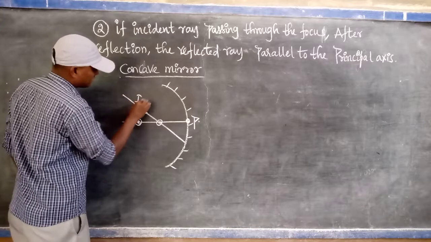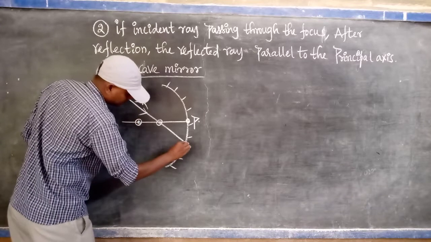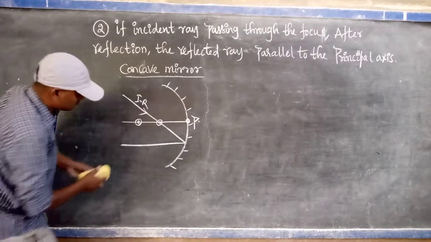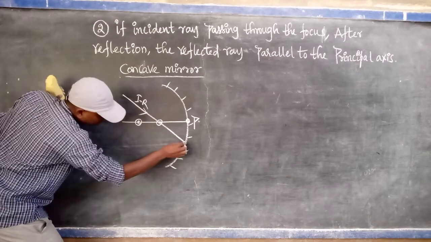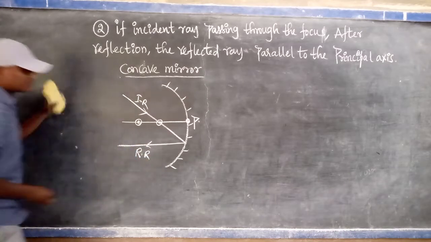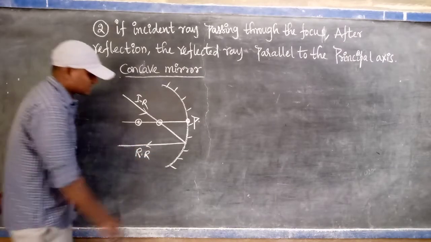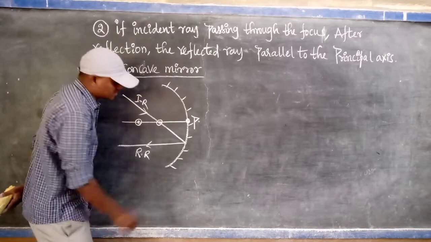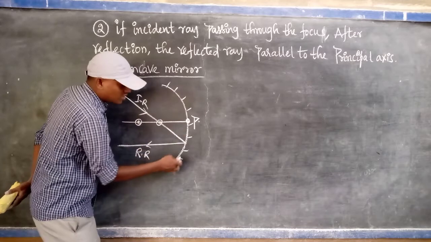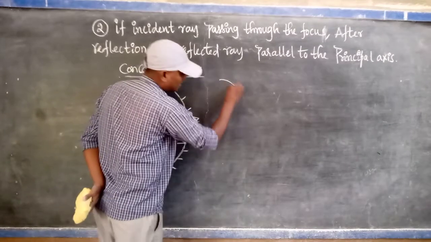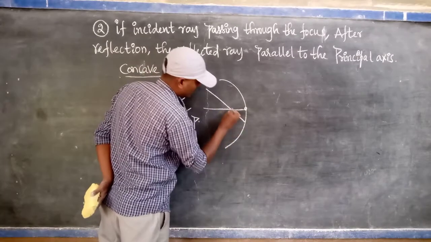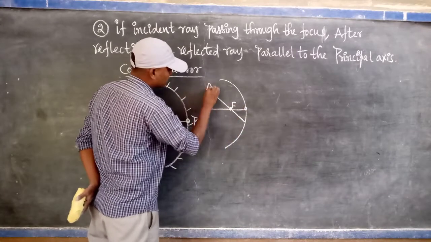This is the incident ray. Reflected. Here you are observing whether it is really correct or not. I said very clearly, if the incident ray falls onto the concave mirror at this point, like this, I will draw. It is the focus.